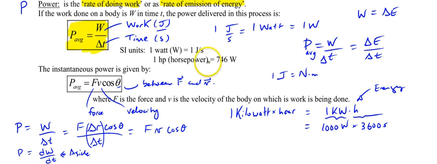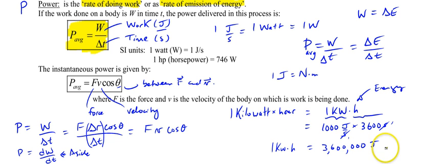And a watt is really a joule per second. And you can see the seconds will cancel out, and you end up with 3,600,000 joules of energy. So whenever you see the units of kilowatt hours, you should be thinking a kilowatt hour is a unit of energy. And you should be able to convert this into joules. So this is 3.6 times 10 to the power of 6 joules, which is really 3.6 megajoules.